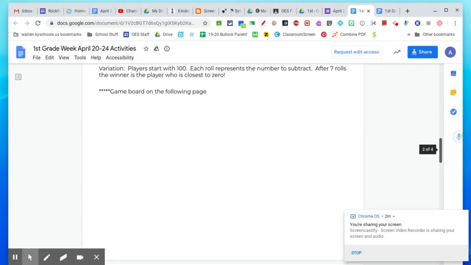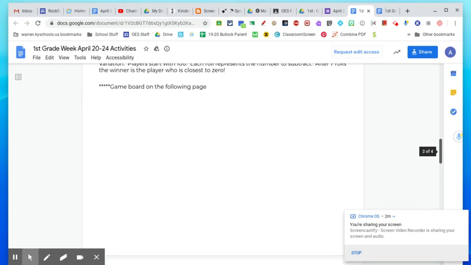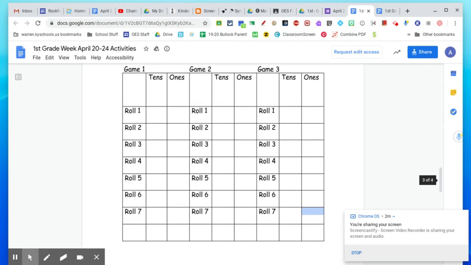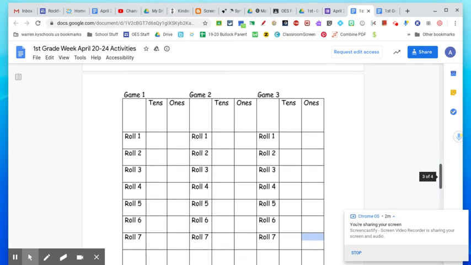On the next page, you have some grids that look like tens and ones. You have 7 rolls, and your goal is to get to 100 without going over using 7 different rolls of the dice.